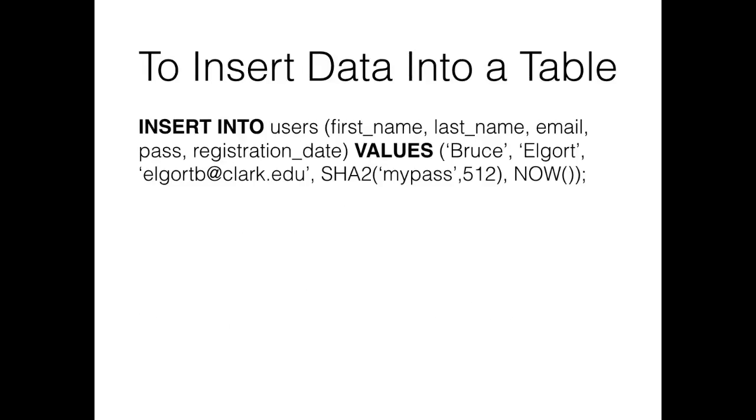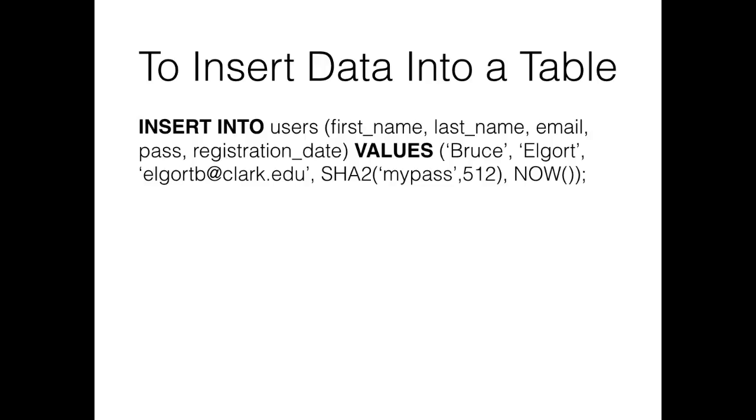Okay, so next. To insert data into a table, here is an example for users. The SQL would be insert into users, and then the column names, first name, last name, email, password, registration date, values, and then Bruce for the first name, Elgort for the last name. There's my email address. And then there's this function called SHA-2.